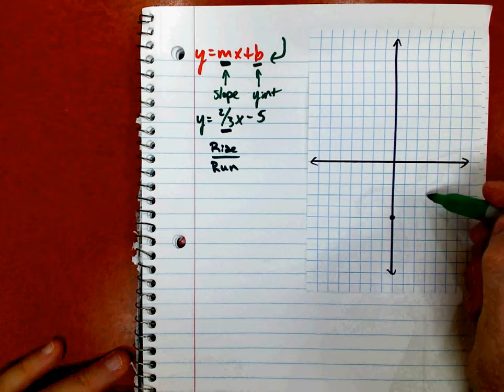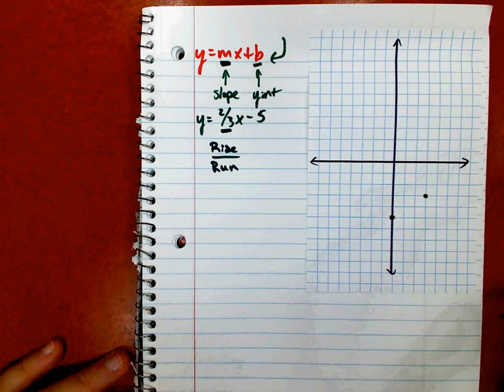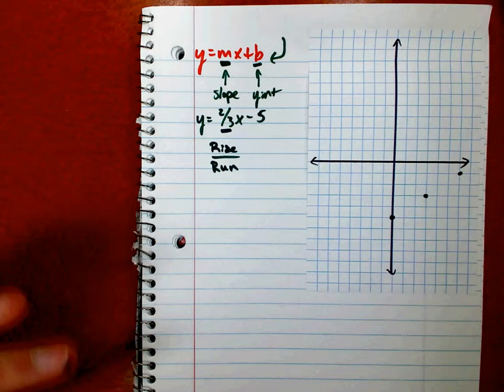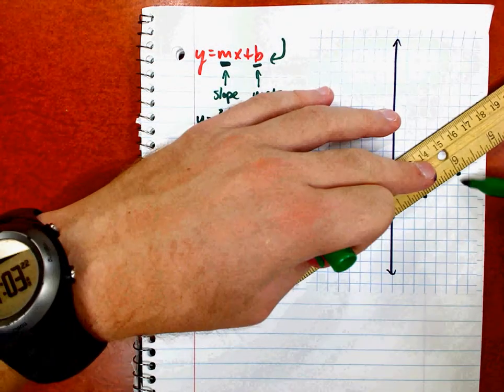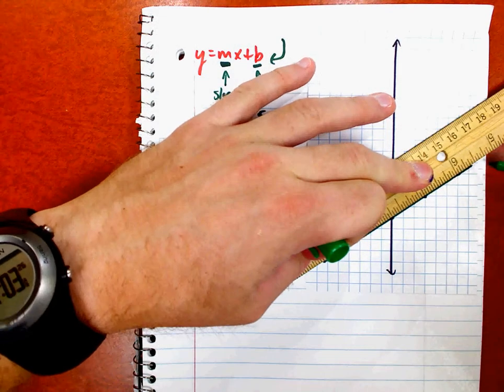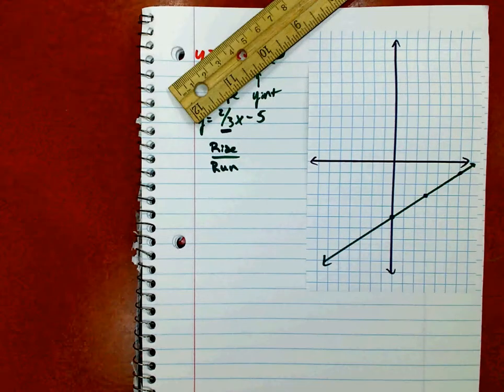So I'll rise 2 and run 3. Now only 2 points are needed to determine a line, but I can find many points that are on this line simply by continuing to rise 2 and run 3. Ooh, that was a lot of fun.